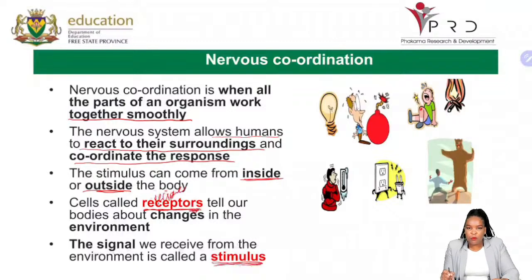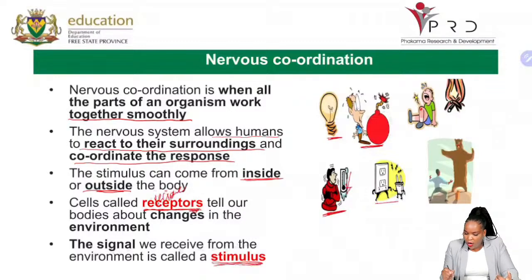If you take a look at these pictures right here, you see this person here is afraid that this bomb is going to explode in front of them. They must act accordingly. If there's a light that is being switched on in a room, you must respond accordingly. If the temperature changes to lower degrees, you must respond accordingly.